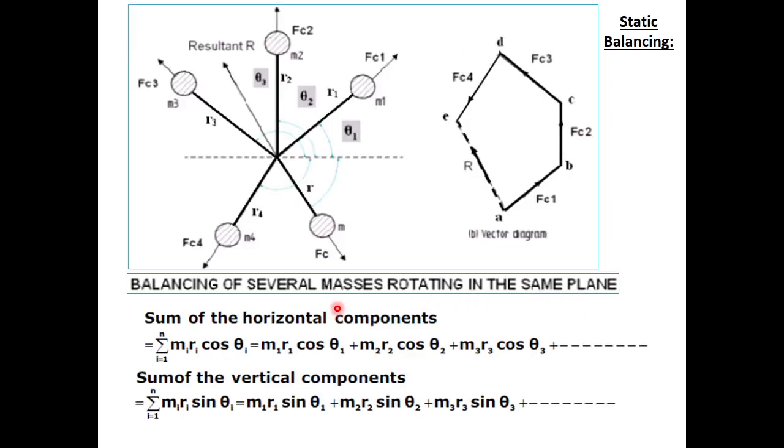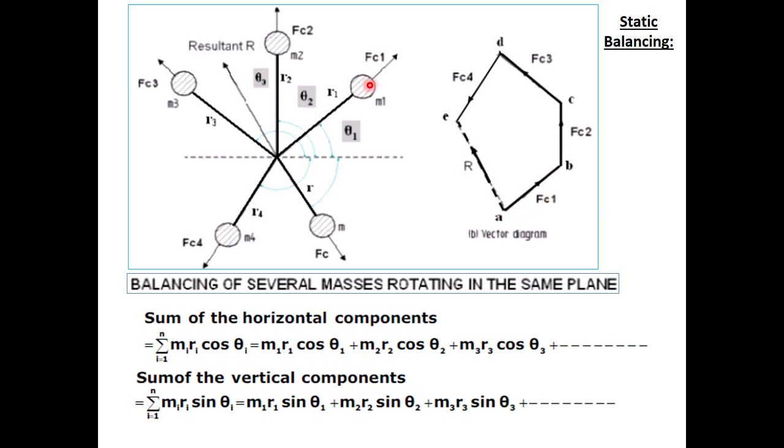If there are a number of masses like this, at different angular orientations, then what do we do? This centrifugal force for each of the masses, for any omega, is known: omega squared r1 into m1, and their direction is known, and we make a vector diagram. We start from a particular force, so let us plot this FC1 first.